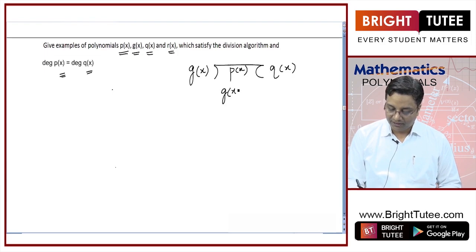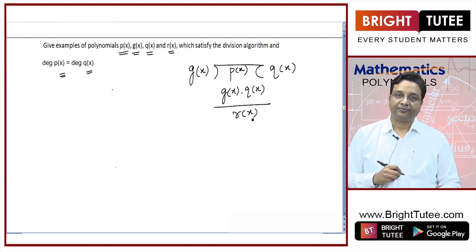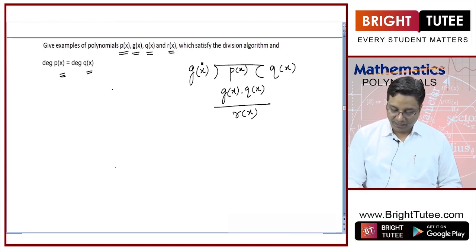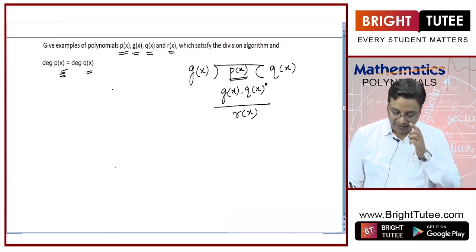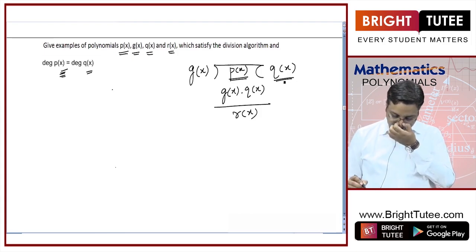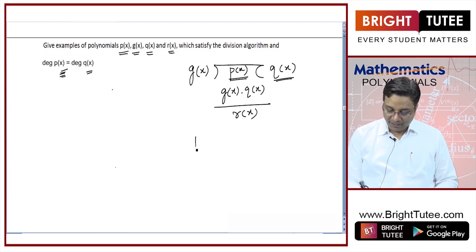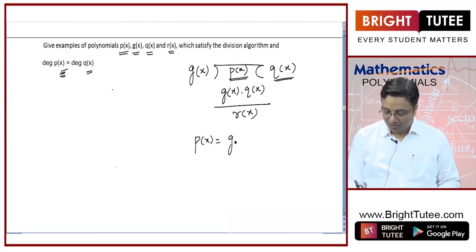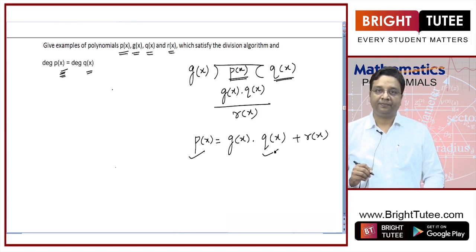So here I will get g(x) into q(x) and r(x) here, right? So in the first part I need degree of p(x) and degree of quotient as same. Okay, so now if I write p of x as equal to g of x into q of x plus r(x), I need these two degrees as same.